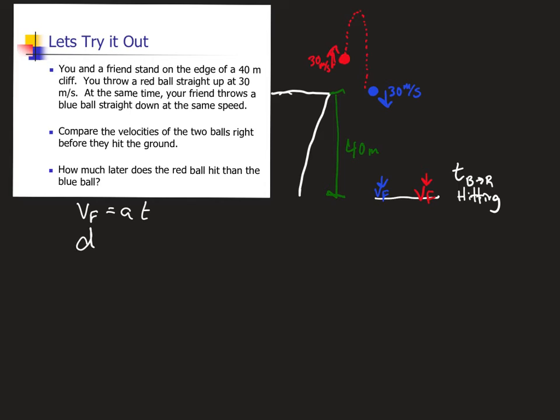We might not be able to do the distance equals 1/2 g t squared, because we don't have time. But remember that the acceleration is constant, and therefore the acceleration of gravity, negative 9.81 meters per second squared, we can use any of the equations that have a constant acceleration.